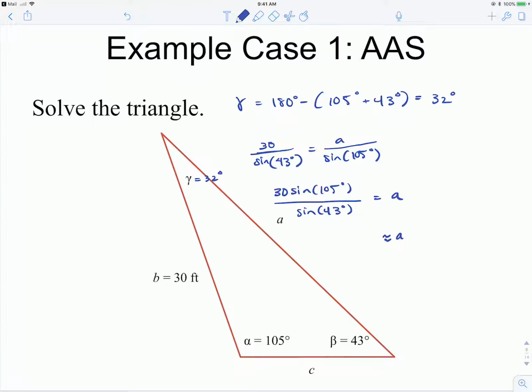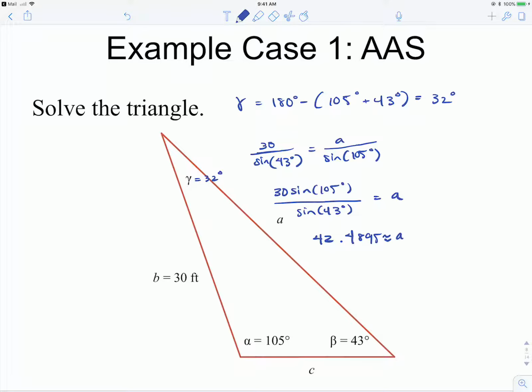Usually when we're solving triangles, we're going to want our calculator in degrees. So we get 42.4895. Oh, it's not degrees, it's side length. So we get 42.4895 for side a.